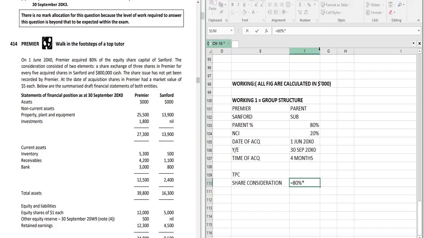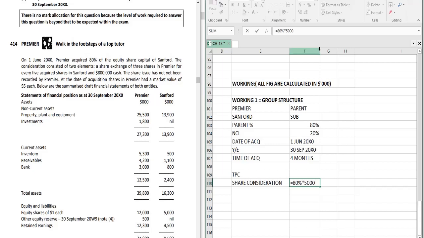Here you can have a look at it. In the equity and liabilities portion of Sanford, there is equity share capital of nominal value 1 each, that is 5,000. So the total number of shares is 5,000, because the nominal value is 1, so the number of shares will be the same, 5,000.